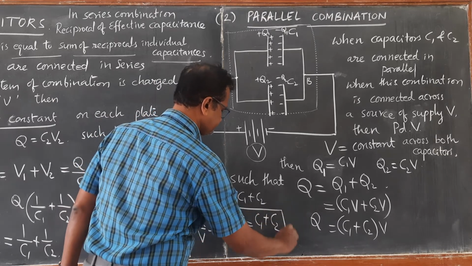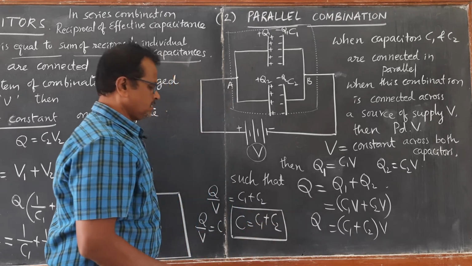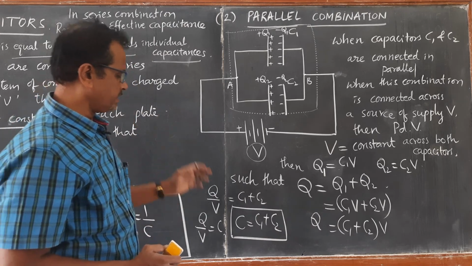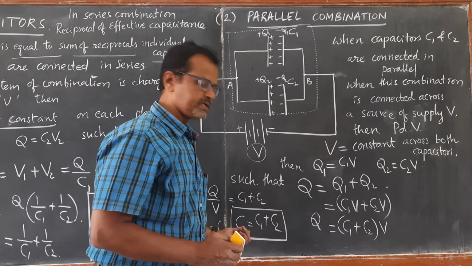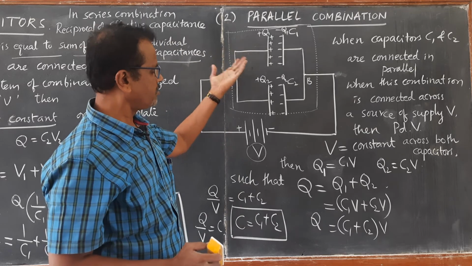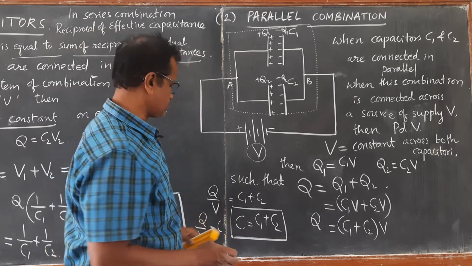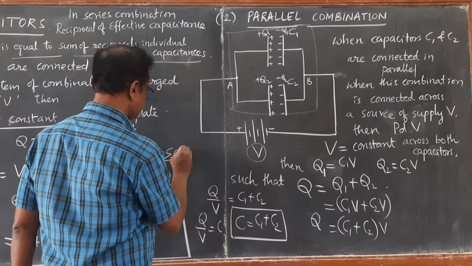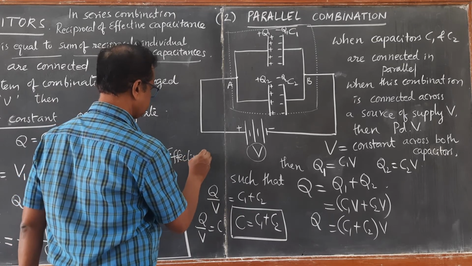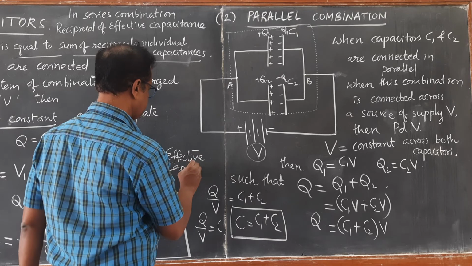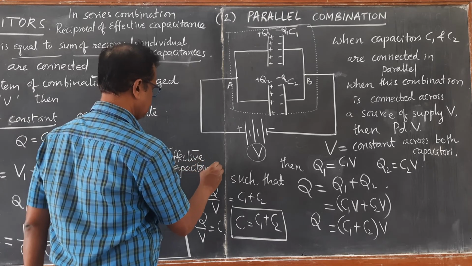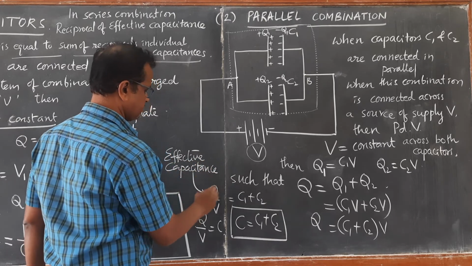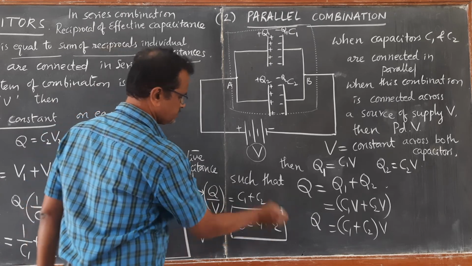This becomes the simple equation to find the effective capacitance of the parallel combination of capacitors. So, the effective capacitance C is equal to C1 plus C2.